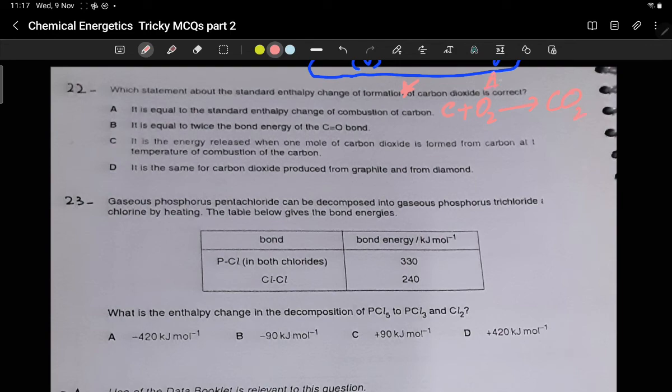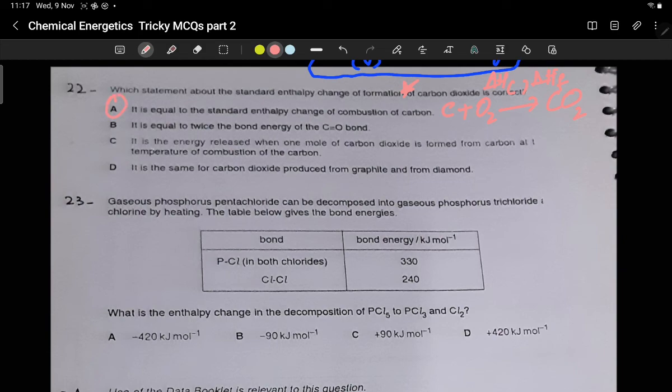This is the enthalpy change of combustion as well as of formation, because 1 mole is formed from its constituent elements, and 1 mole of substance is burned in excess oxygen to form carbon dioxide. So this is the correct option.